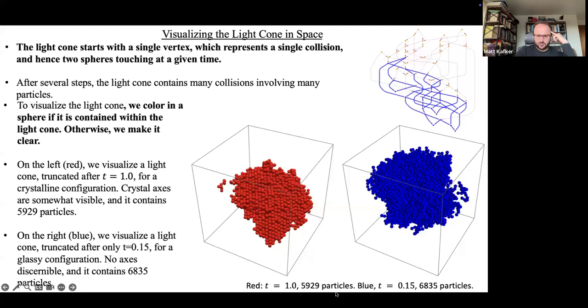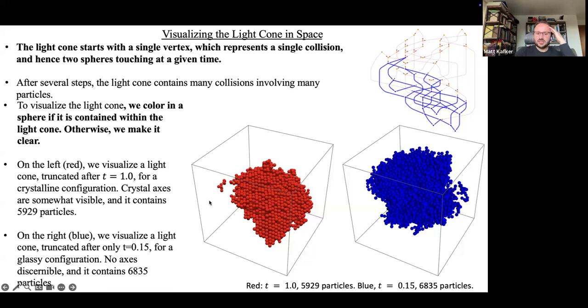What we see is we have about 6,000 particles on the left, a little more than that on the right, but this one was run for 5 times less. This light cone was cut off after 0.15 as opposed to 1 in terms of duration of time.